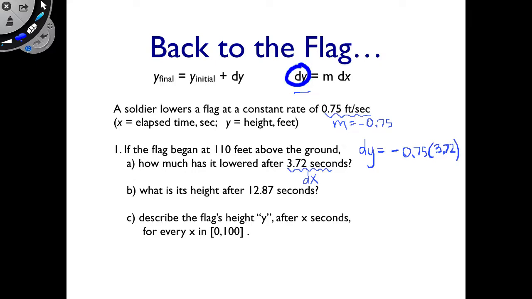I could say that the flag lowered by 0.75 times 3.72, whatever that comes out to. What would the units be on this? The units for this dy would be a number of feet. I don't have to calculate it to know that it expresses how much it lowered, so I'm not going to go through that right now, but this is a number of feet, and it's the number of feet that it changed by. That's why it's allowed to be negative.